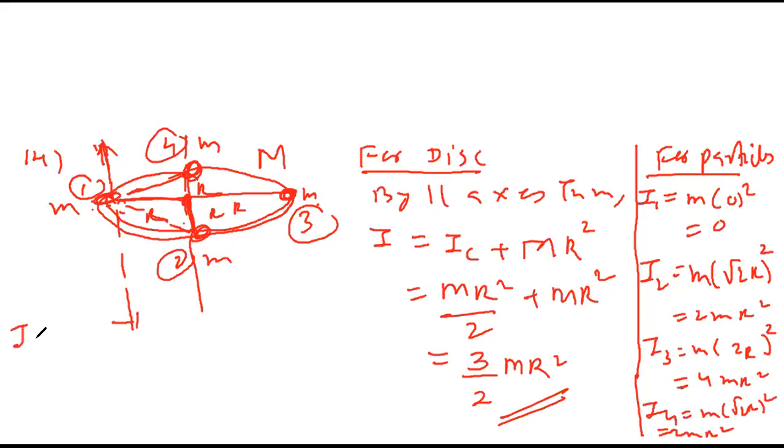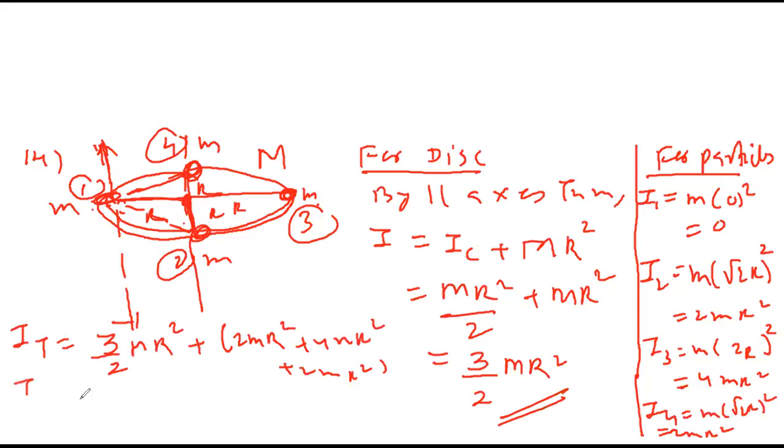So the total I is disk 3 by 2 MR square plus 2mR square, 4mR square, plus 2mR square. So I total becomes 3 by 2 MR square plus 8mR square.